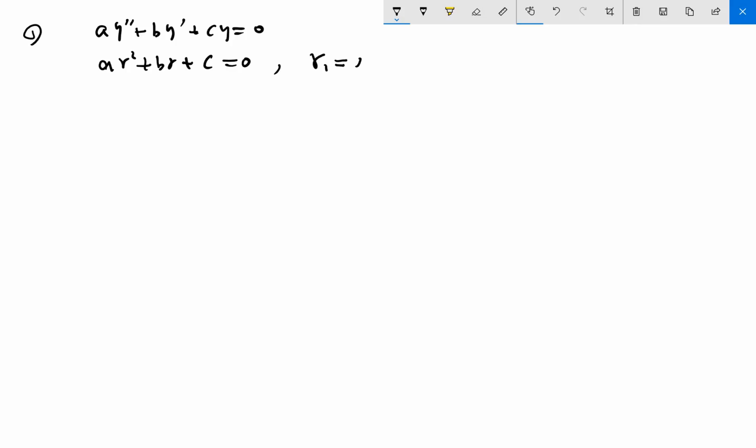So one is lambda plus mu i, and the other must be lambda minus mu i.